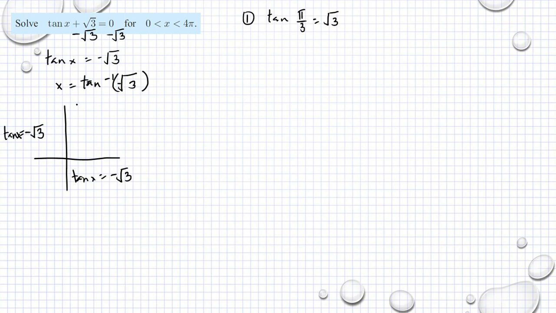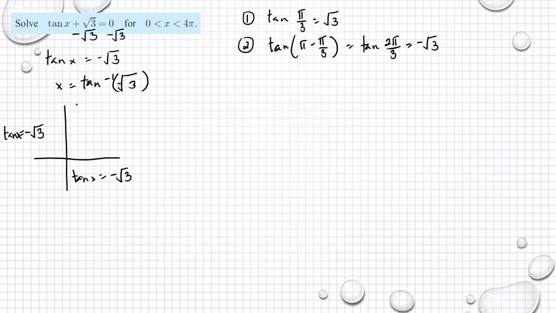Okay, so for the second quadrant now, we have tangent of pi minus pi divided by 3, and that is tangent of 2 pi divided by 3, which is equal to negative square root of 3.